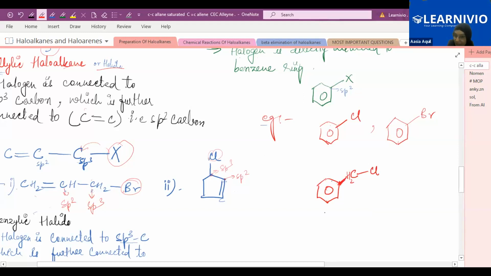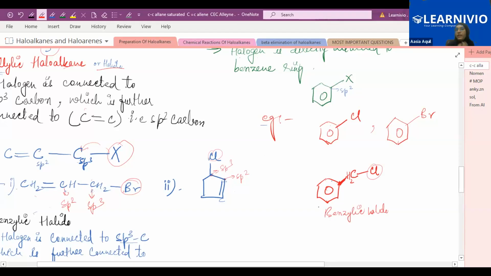So this is your benzylic halide. When the chlorine is attached to the sp3 hybridized carbon, and further this sp3 hybridized carbon is attached to the benzene ring, we call it benzylic halide.